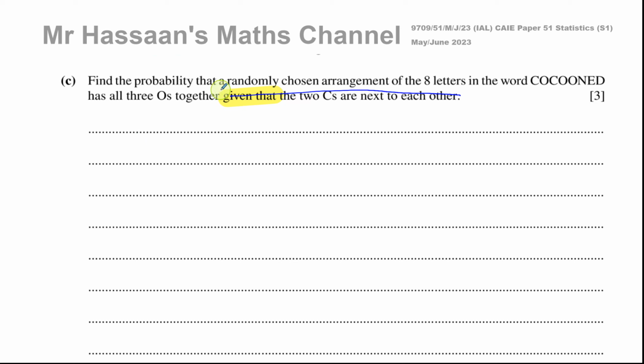The question doesn't stop here. The question says, given that the two C's are next to each other. So our sample space becomes that the two C's are next to each other. So we have to find the probability that the three O's are next to each other, given that the two C's are next to each other.